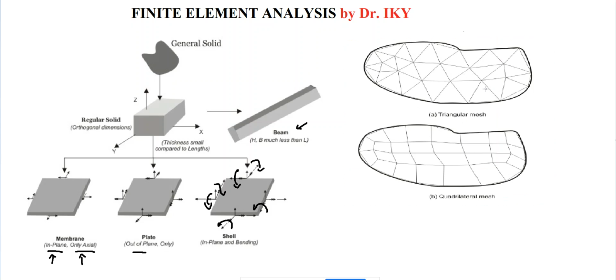meshed with triangular elements. But this time, I have used quadrilateral elements 1, 2, 3, and 4. And the edges won't be like that. The edge of the system will be changed like this.